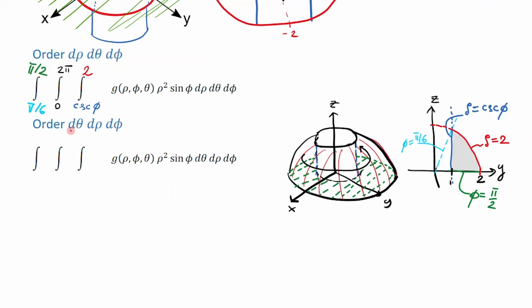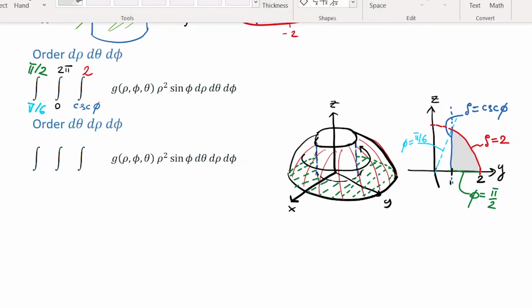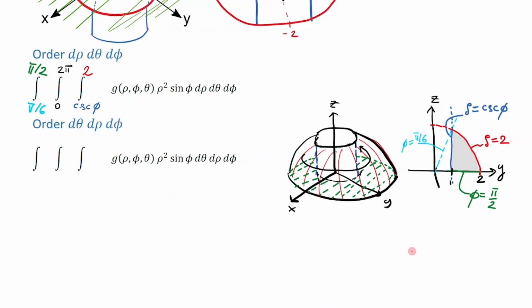Now let's do the order d theta, d rho, d phi. Here I've redrawn the shape of the solid and also the YZ trace for the half corresponding to theta equals 0. On the inner bound we have d theta, and the integration is happening for fixed rho and phi.